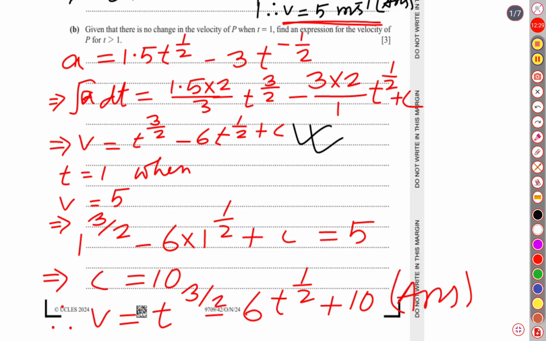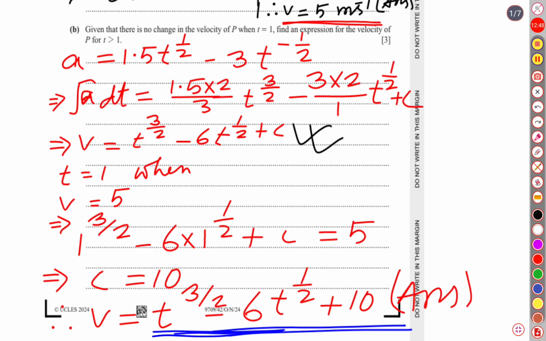Whatever the value of t, it must be positive. I think you have got my point. If you substitute any value, you will get a positive value of v.